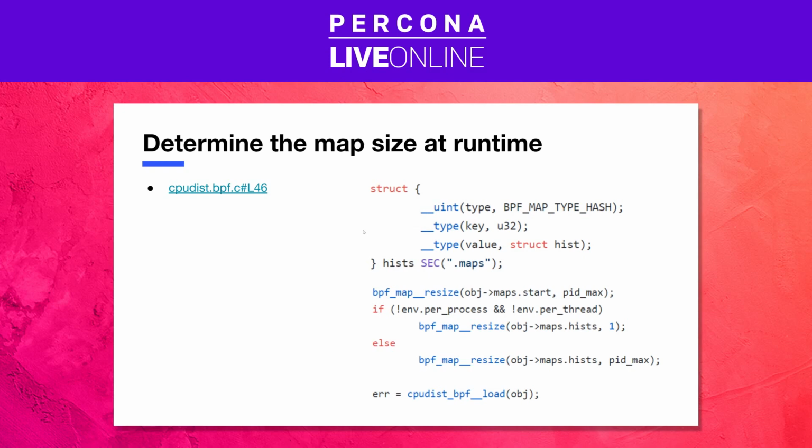In this case, you can define the map without specifying the size and resize it before the load. For example, in name.bpf.c, define the map as this. After the open phase, call bpf_map__resize to set the correct max size.